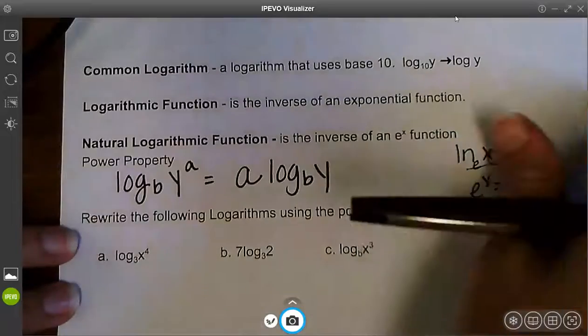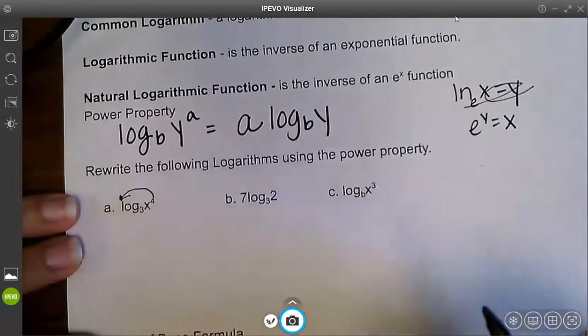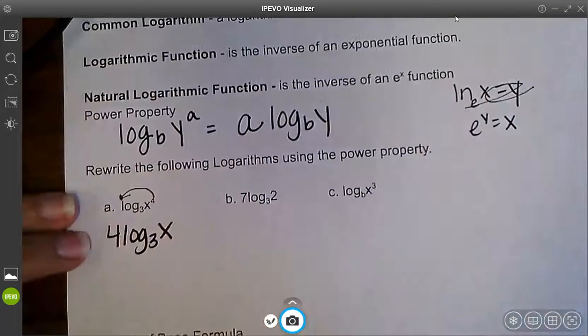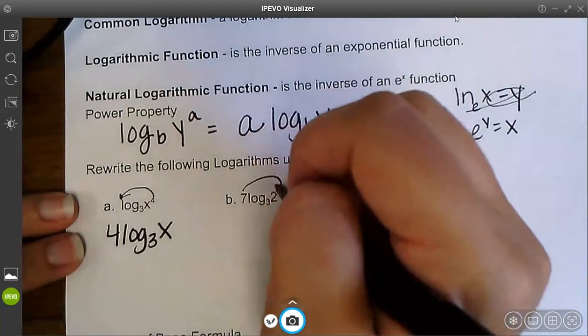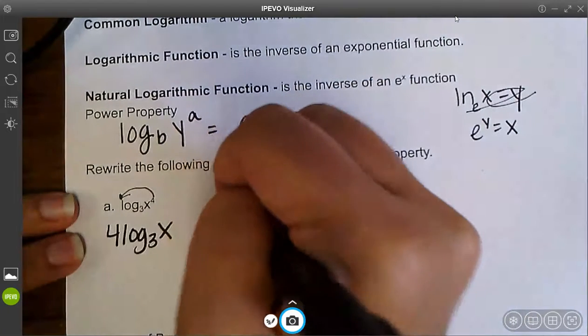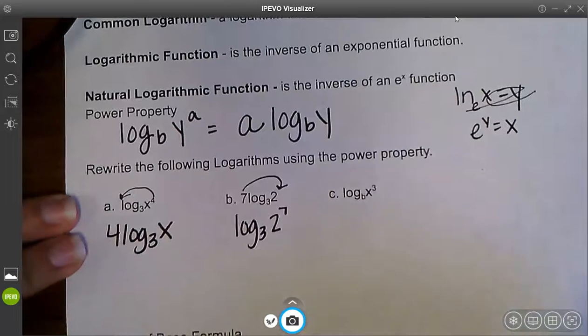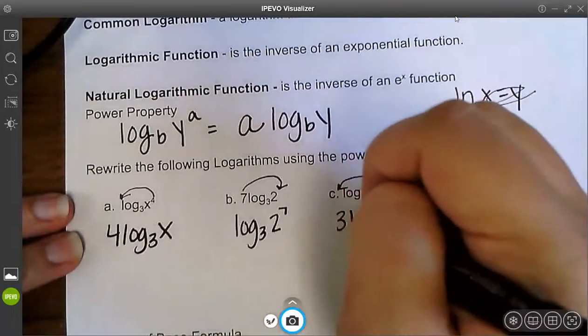Okay? You can bring that out front. So right here, anytime I have an exponent, I can bring it out front. I have 4 log base 3 of x. This one, I can bring it up and move it to an exponent. It just depends on what you're doing, what you're going to need to use that for. And then this last one, take that exponent and bring it out front.